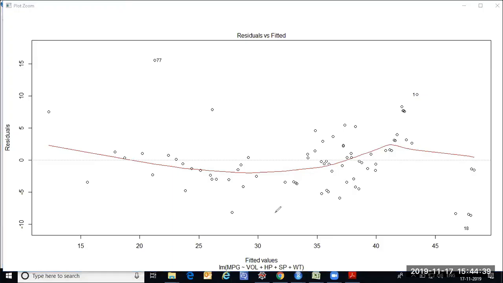This line is different. Don't think this is the line which represents the predicted line, the equation we derive out of OLS, on which you will have the predicted values. This plot is all about how residuals are looking versus the predicted values, fitted values.